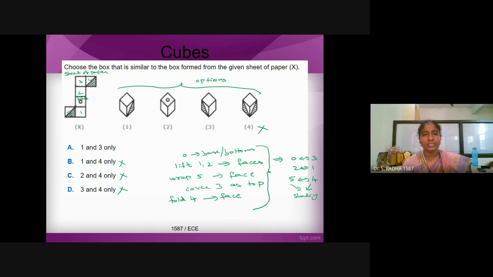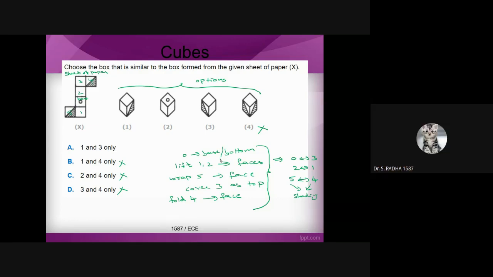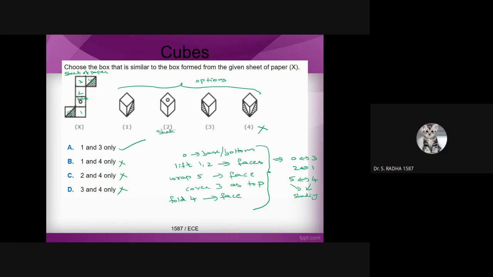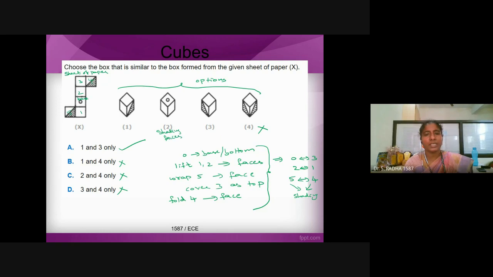When you roll the cube also, the circle may come on the top or on the bottom. Okay, 1 and 3 are the possible answers. Why can 2 not be the answer? Because shading should not be adjacent. Here the shaded faces are adjacent.